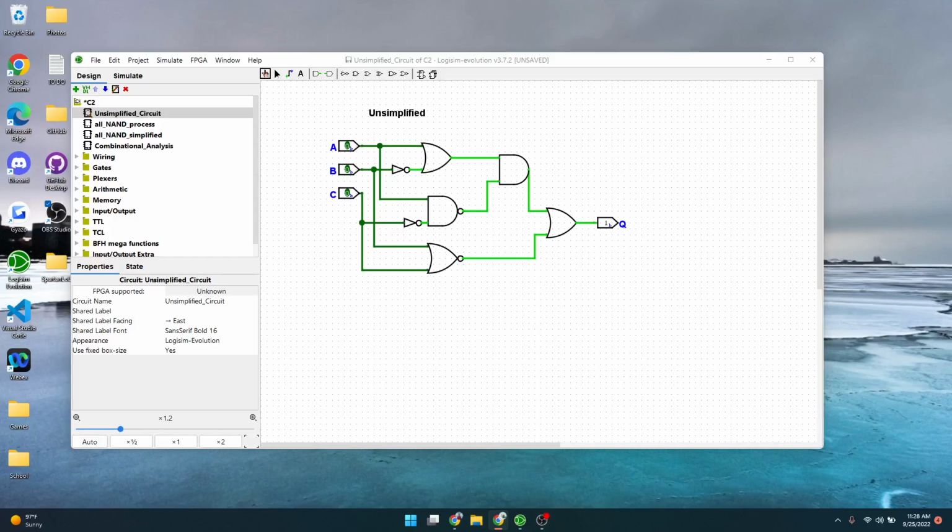However, with a NAND gate, we can express every single combination of logic, or produce any output given any number of inputs, just with one single class of gate, the NAND gate. It can be used for everything. You can make an entire PC out of NAND gates. So that's what it means to be a universal gate.